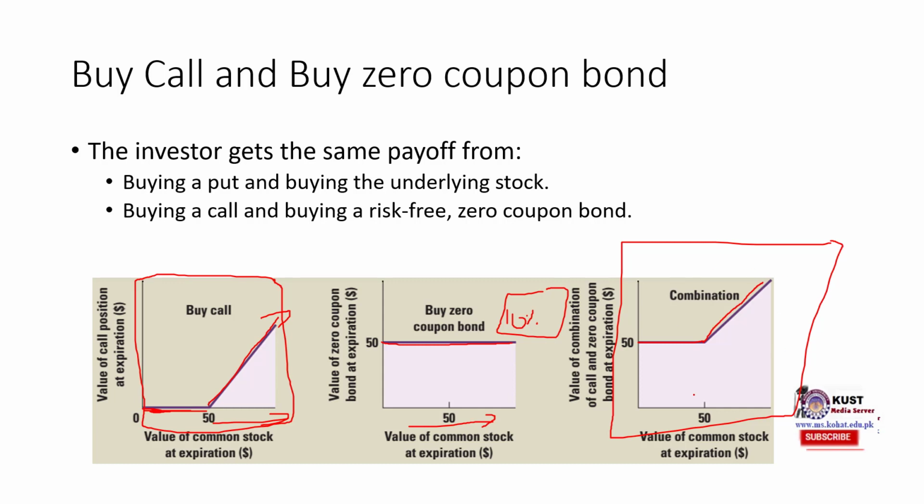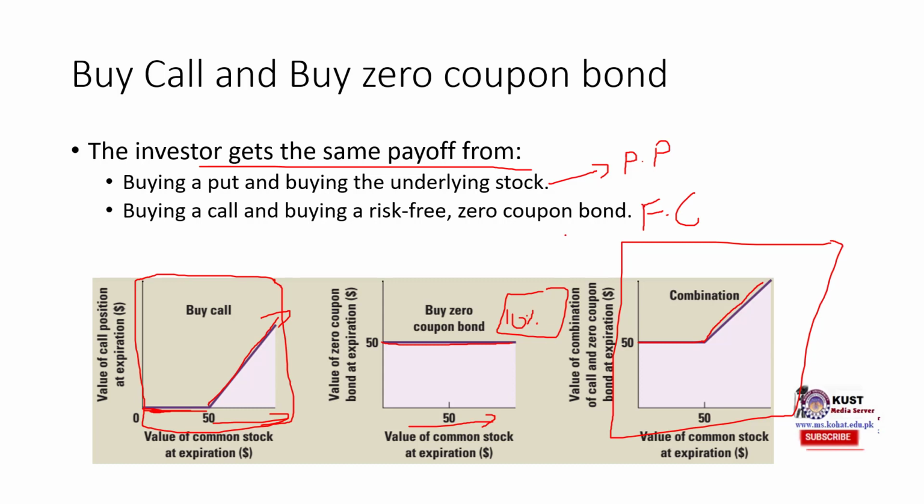Now from this graph, you would argue that this is similar to the protective put graph. It looks similar, and you are right, they both look similar. And this is what this sentence is saying, that the investor gets the same profit whether they enter into a protective put strategy or a fiduciary call strategy.